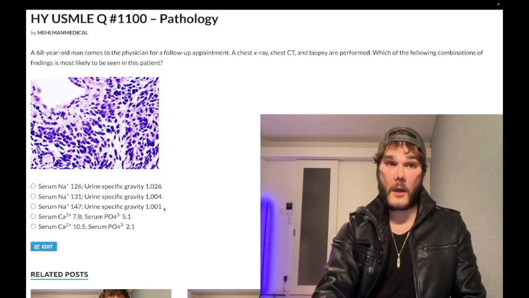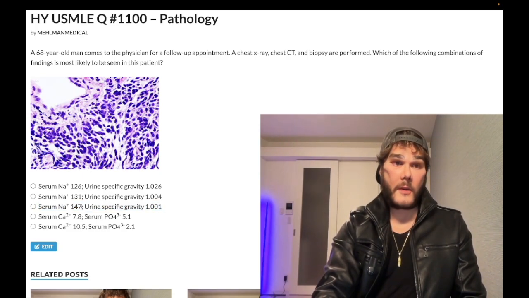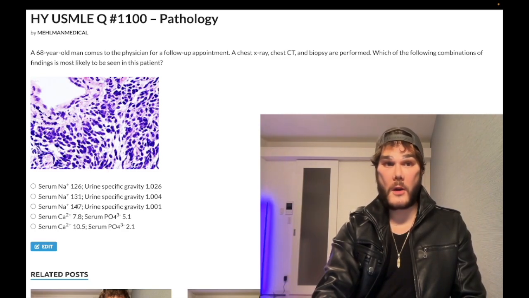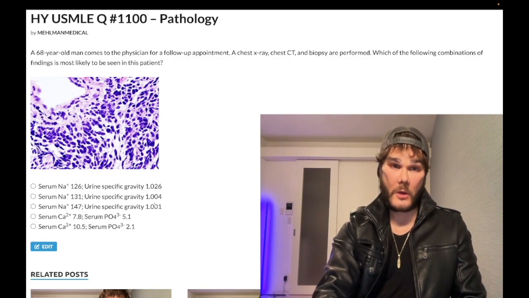So if we were to look at choice C, which is wrong, this would be diabetes insipidus as an example, right? Because you either have insensitivity at the kidney, nephrogenic, or to ADH, or you have central, decreased ADH secretion. So you're not able to reabsorb free water and you get high serum sodium, dilute urine. So choice C would be for DI.